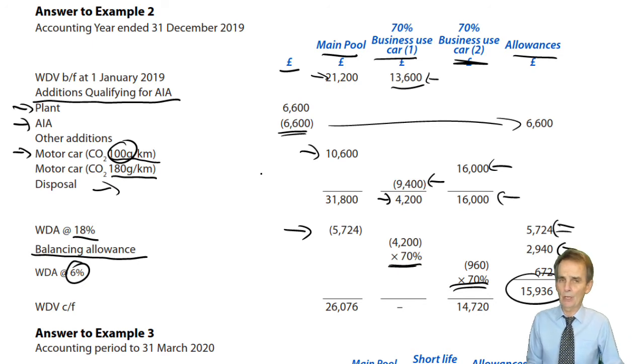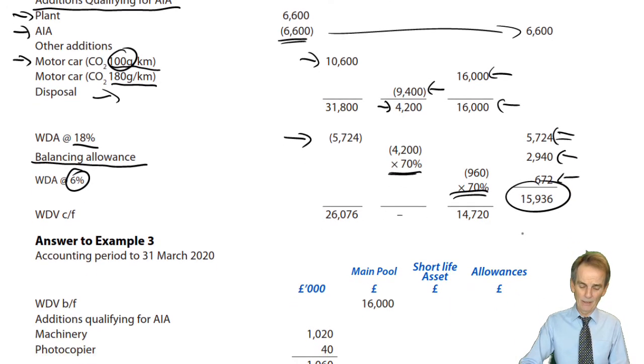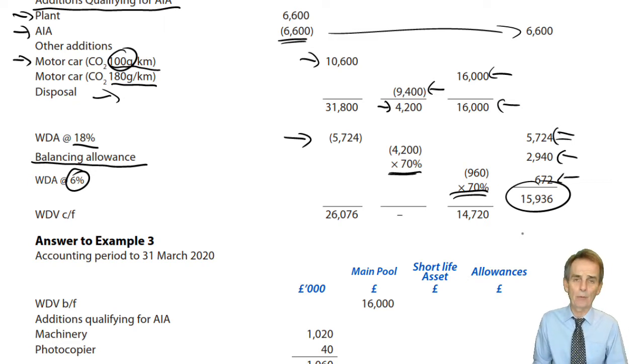We could have had a low CO2 emission, one that doesn't exceed 50 grams. That means that after having computed the writing down allowances, the balancing adjustment, instead of then carrying forward those tax written down values as are, not that they'll change, we would then list out the additions qualifying for FYA, i.e. the low emission car, and take the 100% FYA there on.